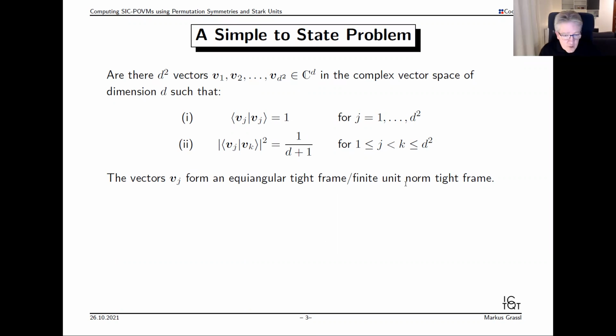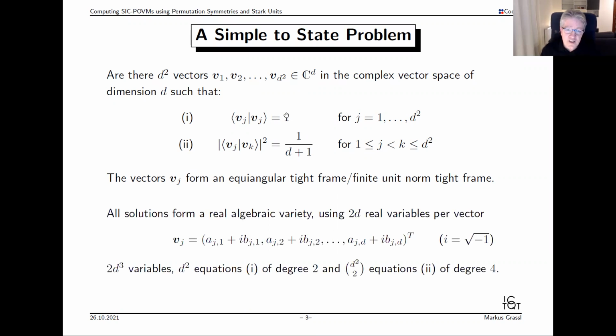And the first idea one can have is just to write down the corresponding equations. So we write down the vectors, splitting them into real and imaginary part in order to be able to express this inner product as a polynomial function. For our d-squared vectors, we get 2 times d cubed variables.